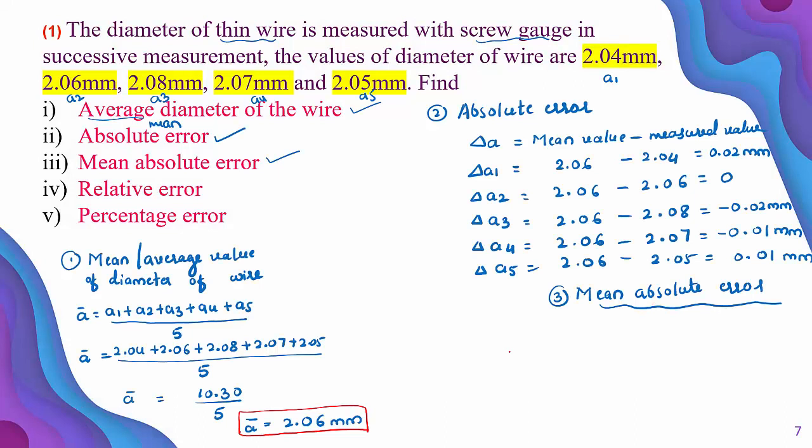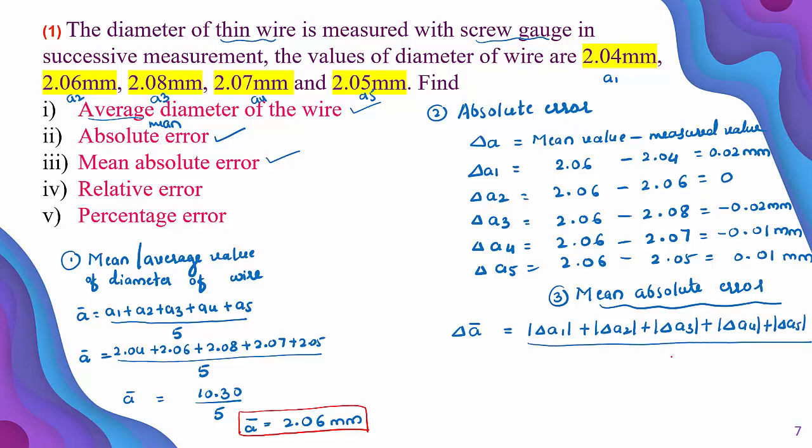Mean absolute error is denoted by delta A bar and the formula is mod of delta A1 plus mod of delta A2 plus mod of delta A3 plus mod of delta A4 plus mod of delta A5, divided by 5.